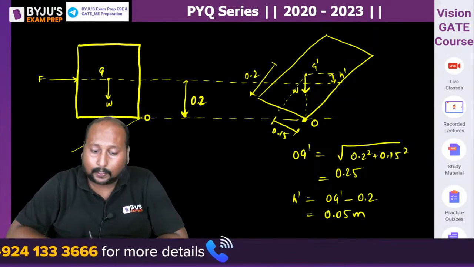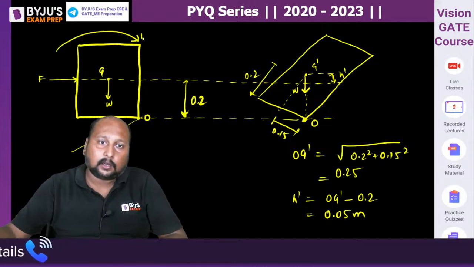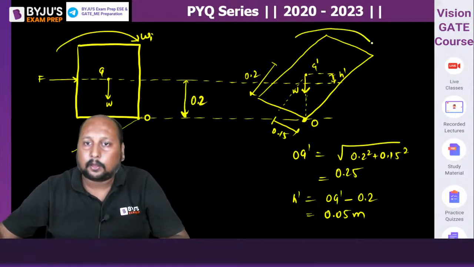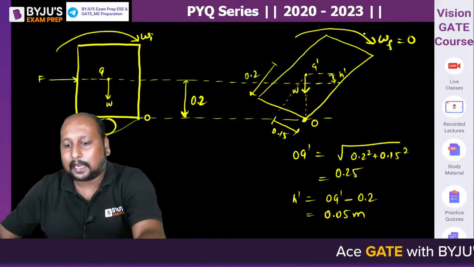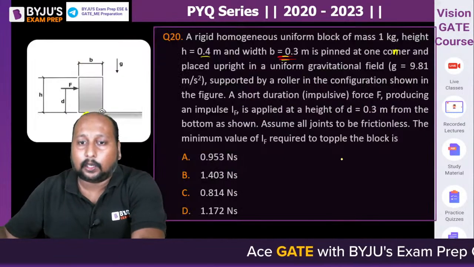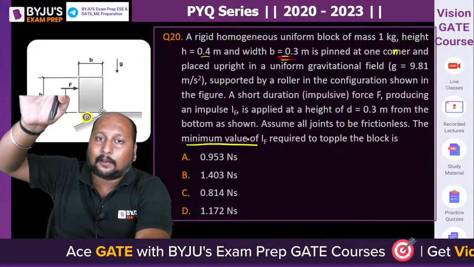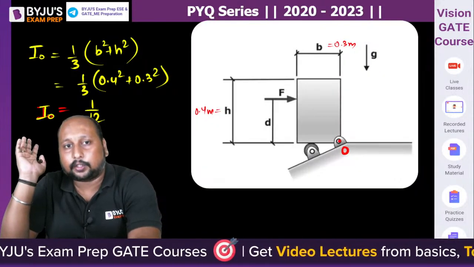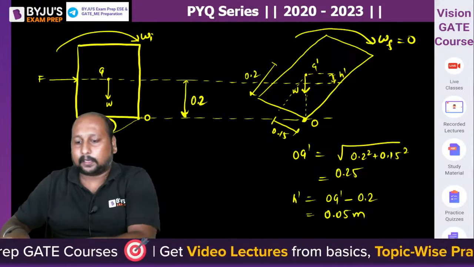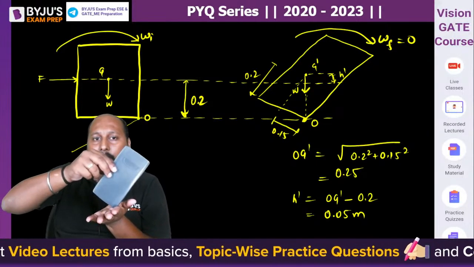Okay, fine. So once we calculate the value of h, now we can use the concept of energy balance. Energy balance लगाए. This will be having an initial omega I, and this is the point where we'll be having omega 0, क्योंकि they are asking you the minimum value of impulse. मतलब एक point पे आके वो रुक जाएगा, that we can say is an impending condition. We are applying a force just like this, and it will be moving and will be stopping at this point.